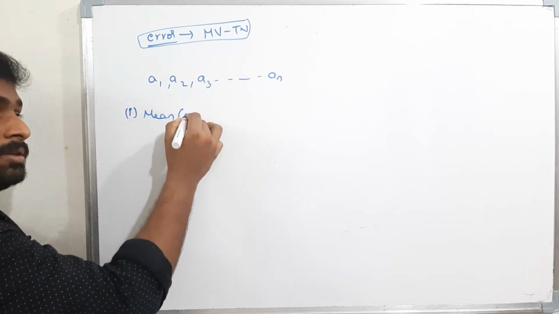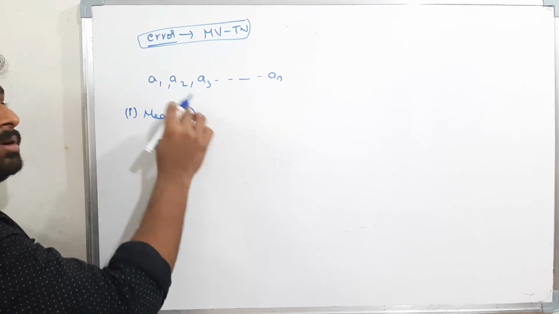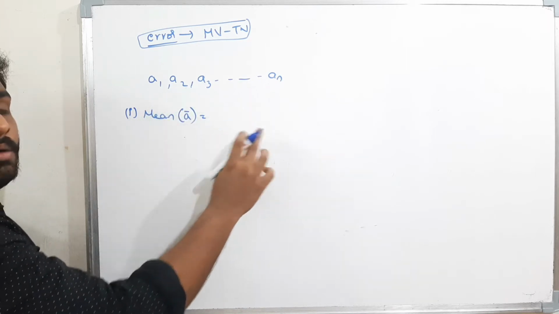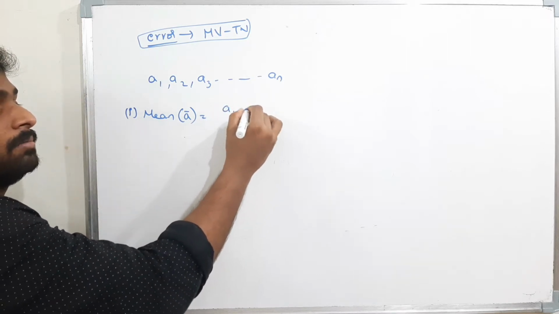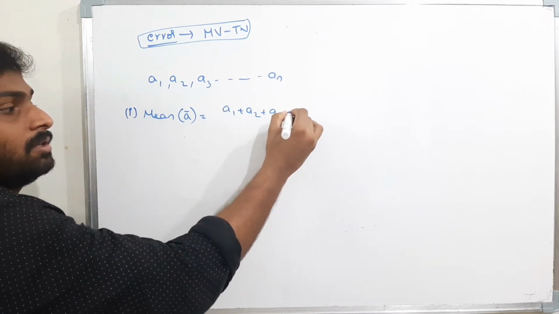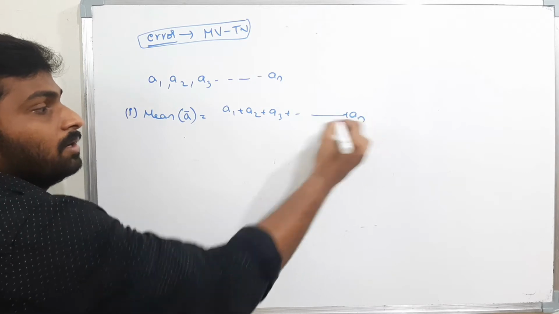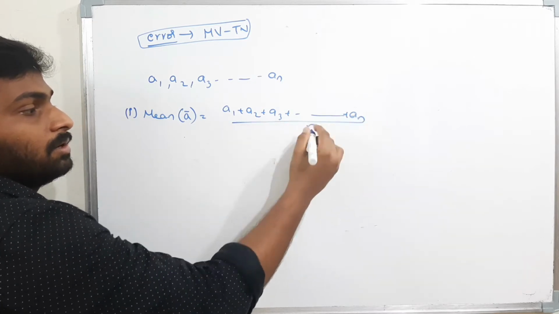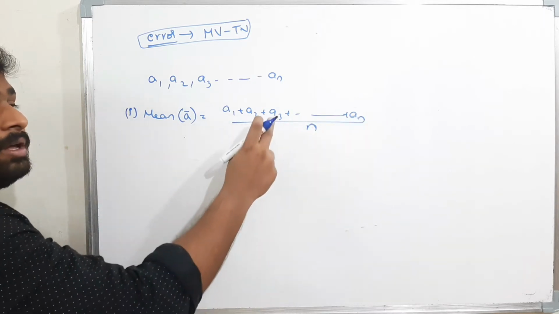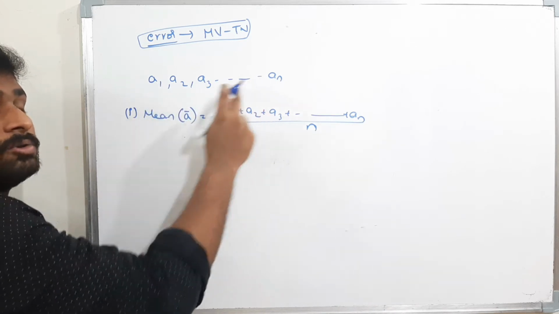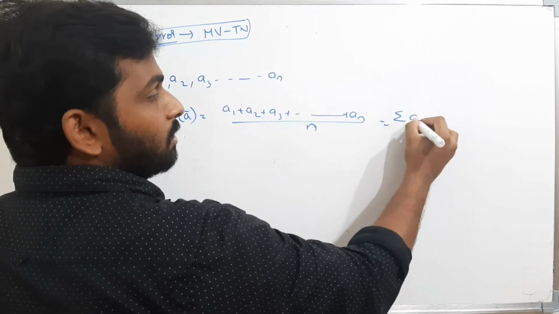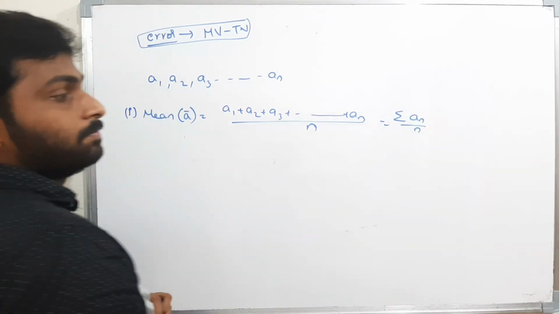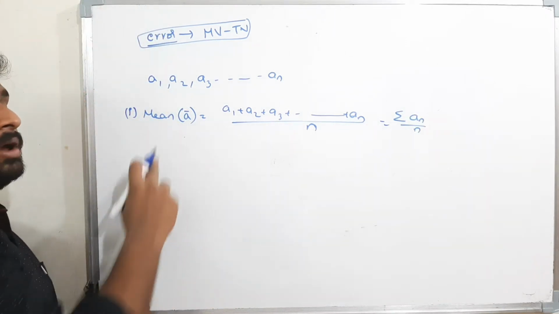The mean is given by the symbol A bar, that is the sum of all the terms divided by the number of terms, simply the average. Therefore, A1 plus A2 plus A3 and so on plus AN, divided by the number of terms n. That is sigma AN by n. That is the mean value.